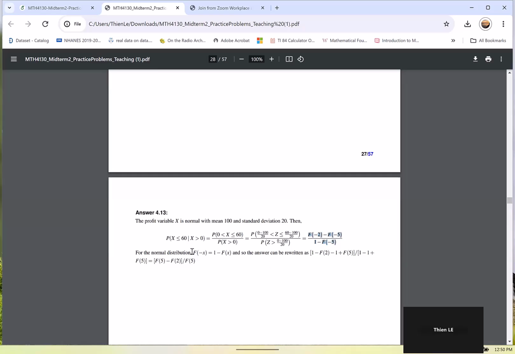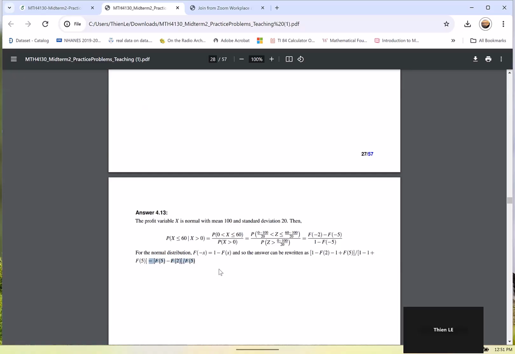For the normal distribution, something you should notice is that you can also have this relation. So with that, you can rewrite the answer in terms of F like this.